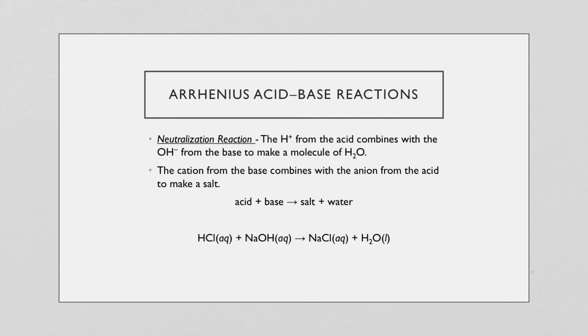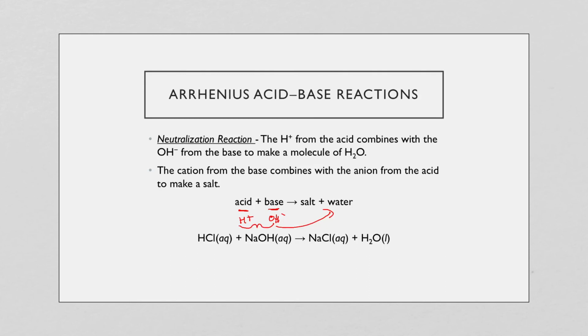Now, when we have an acid plus a base, we get the hydrogen ion or hydronium ion that's generated from the acid, and the hydroxide ion that's generated from the base, combining to give you water.